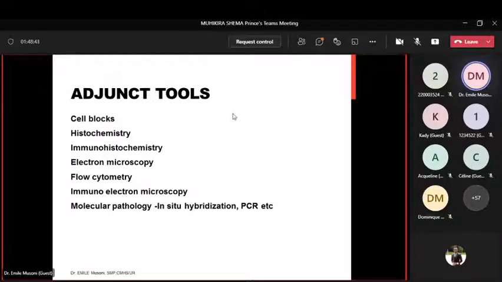It can be used for flow cytometry, which is used for the diagnosis of hematological cancer. It can even be used in molecular pathology: we do PCR, polymerase chain reaction, and hybridization. The FNA sample can be used for other techniques for the diagnosis of a disease.